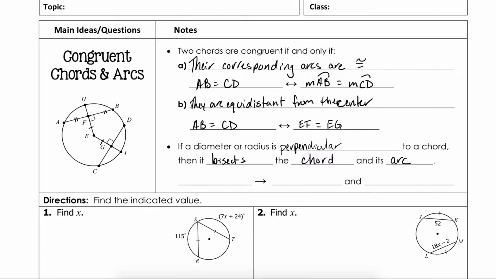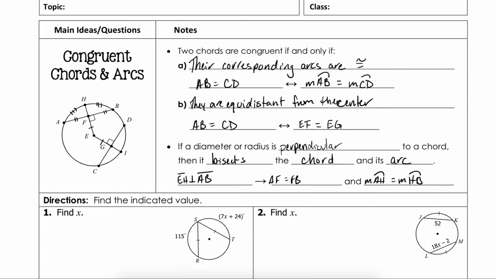Okay, and it also cuts the arc in half. So how do we write that with math notation? Since EH is perpendicular to AB, then AF is equal to FB and measure of arc AH is equal to the measure of arc HB, which is what I just drew on the picture.